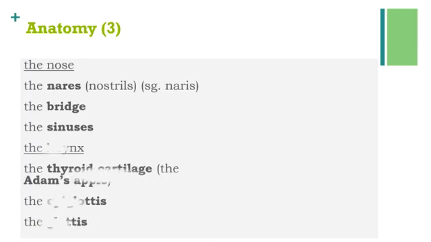Down the larynx, the thyroid cartilage of the larynx is also called the Adam's apple. The epiglottis is a large leaf-shaped piece of elastic cartilage, and the glottis consists of a pair of folds of mucous membranes.